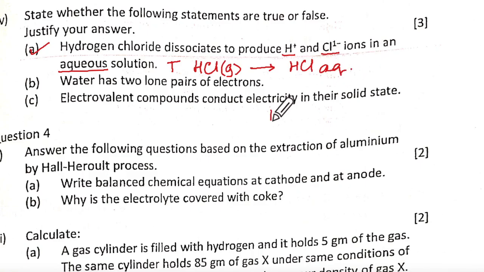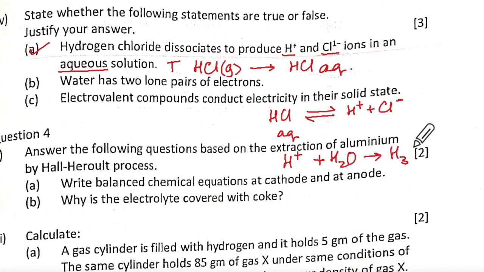Then you will say HCl in aqueous state dissociates into H1 plus and Cl1 minus. And then I will write a little bit extra here, that with water it will form H3O1 plus. Ma'am, we have to write that water is polar covalent, so the hydrogen atom. Yeah, so now we have written this.